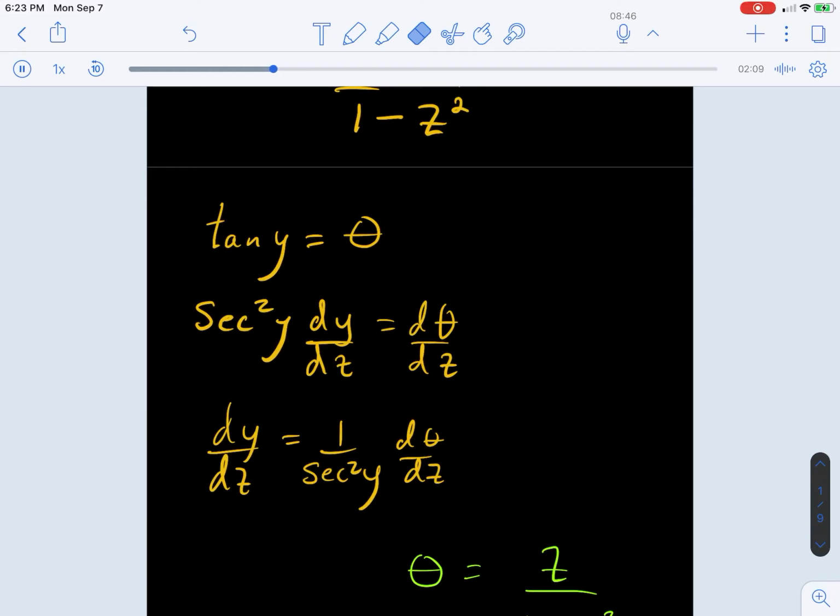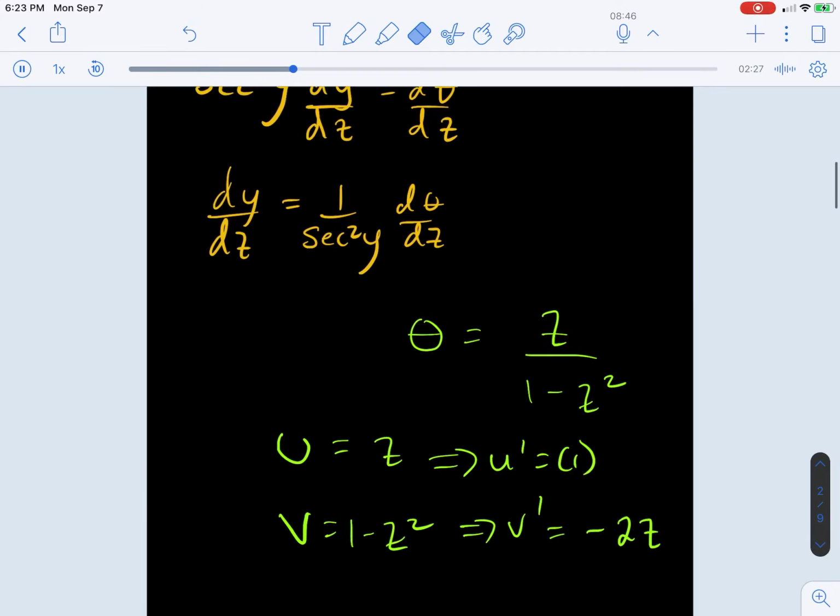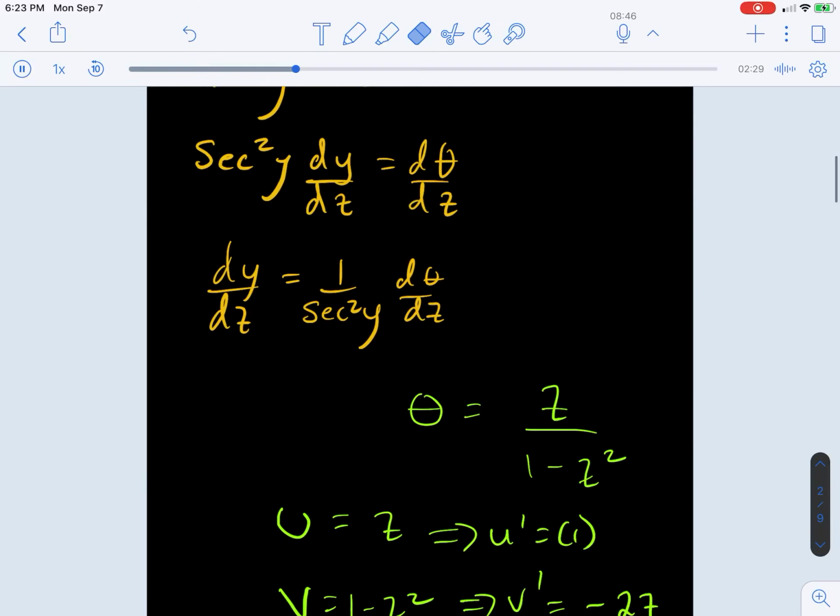So the derivative of tangent was secant squared y times dy dz, and the derivative of theta with respect to z is d theta dz. Solving for dy dz, I get a relationship 1 divided by secant squared y multiplied by d theta dz. And we have to replace all of that information.